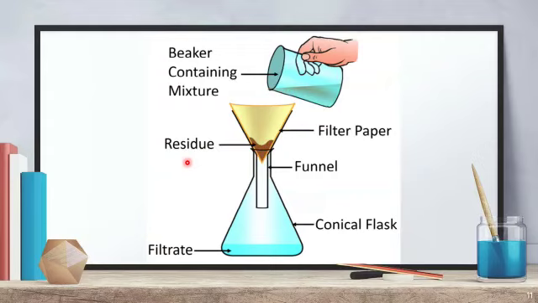And the smaller particles of the liquid pass through and are collected as the filtrate. This is what we get, filtrate. In this way, the insoluble solid and the liquid are separated. So it can be used to separate sand and water.